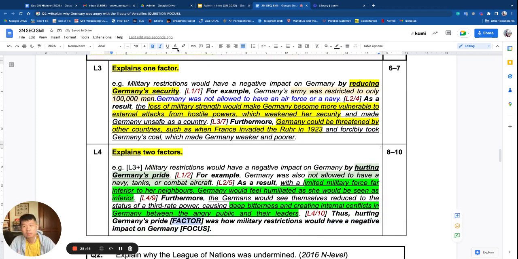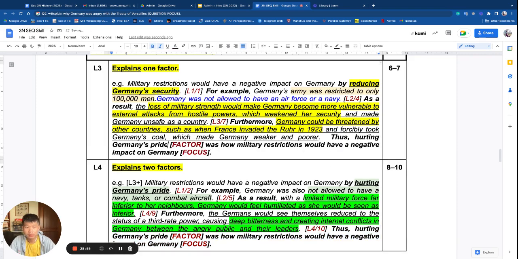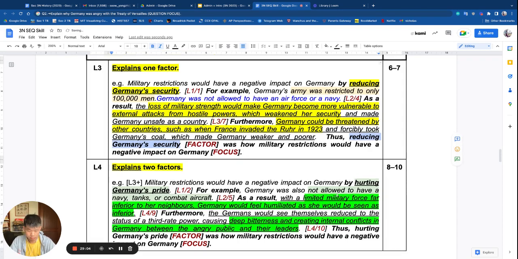Similarly, thus reducing Germany's security. So this is our link.